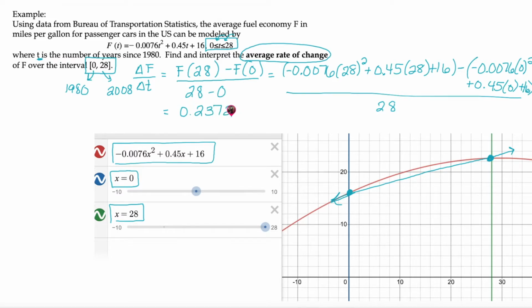And it shouldn't surprise us that we would get a decimal, looking at all the ugly decimals that we started with.